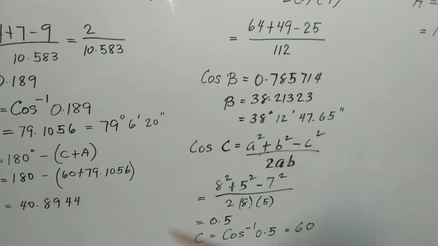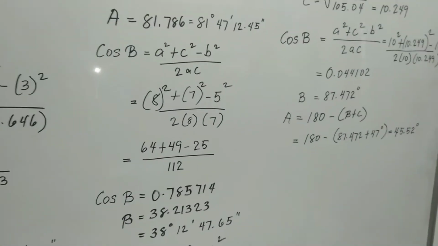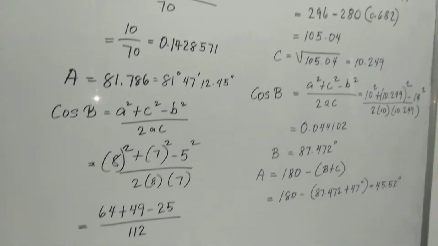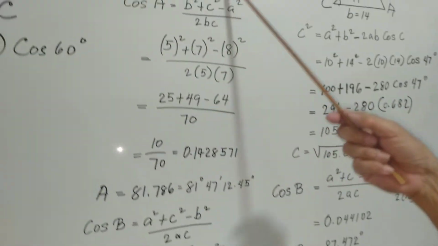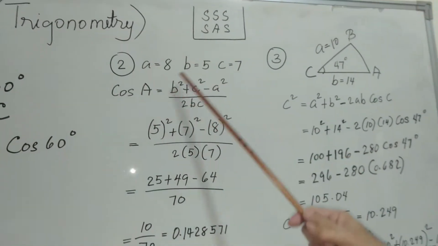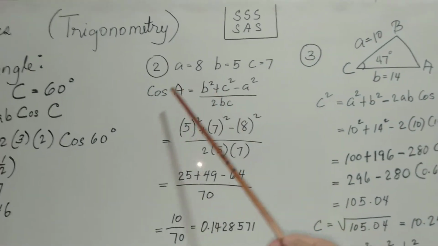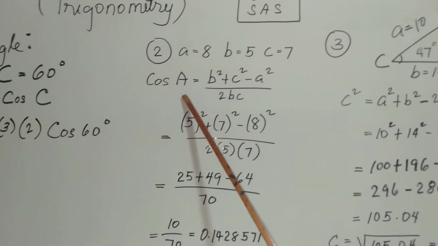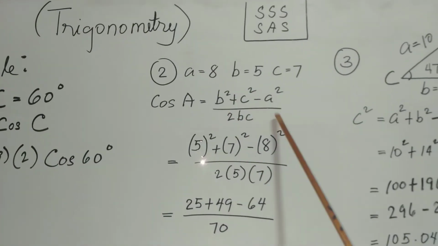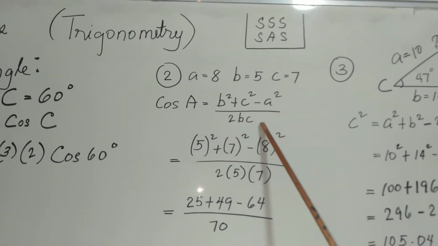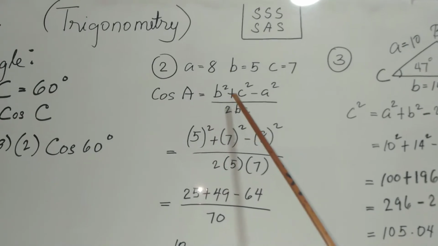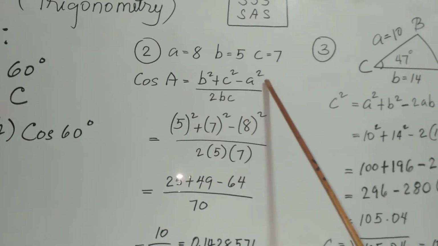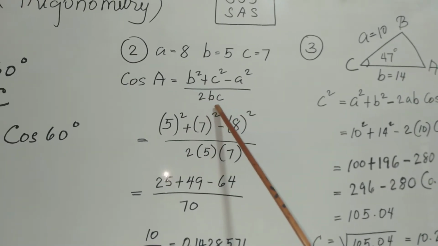So we go next to problem 2. For problem number 2, we are given three sides, S, S, S. So we're going to use cosine A, then we make use of the given three sides. We just substitute: b squared plus c squared minus a squared over 2bc.